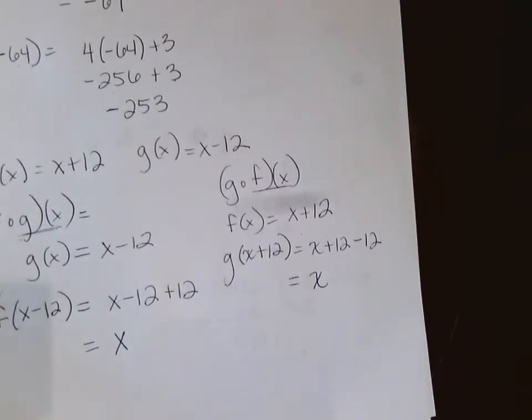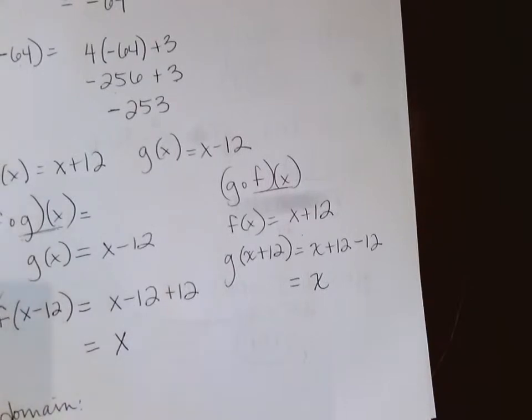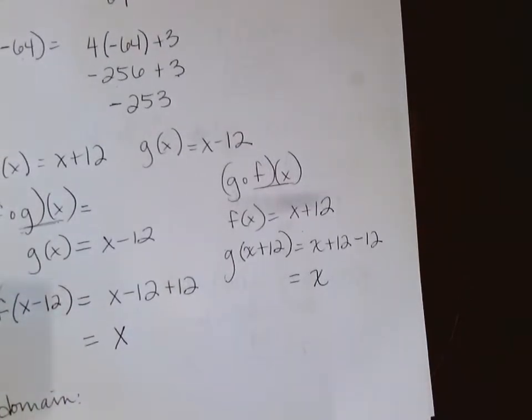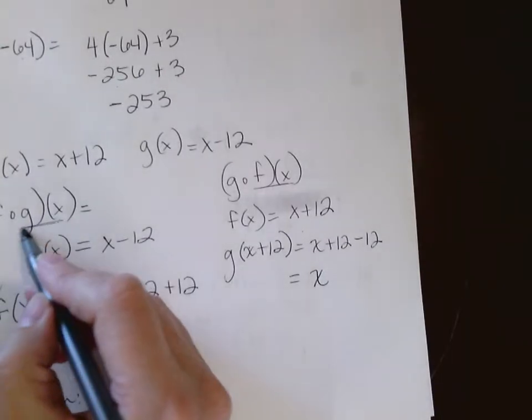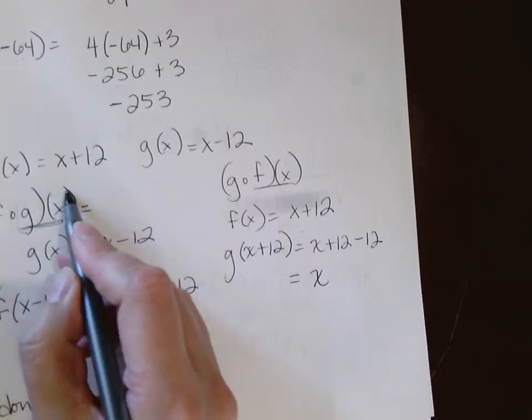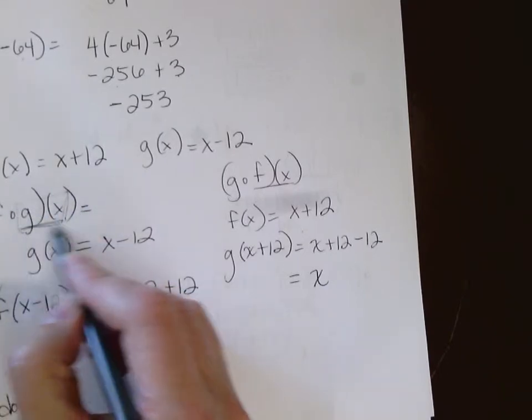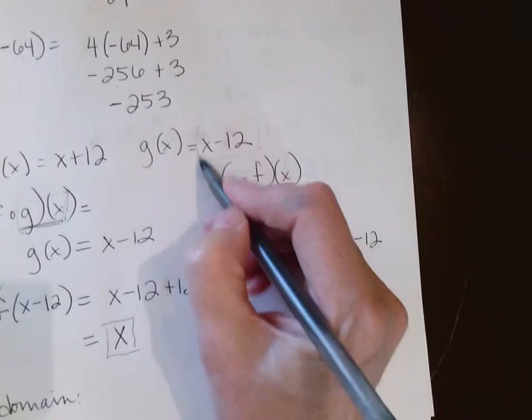Now, on this same problem, it also wanted you, after this, to find the domain of f of g of x. So where you look is you look to see if there are any restrictions in this answer or with what you plugged in, so this part. So what is g of x? g of x is x minus 12.